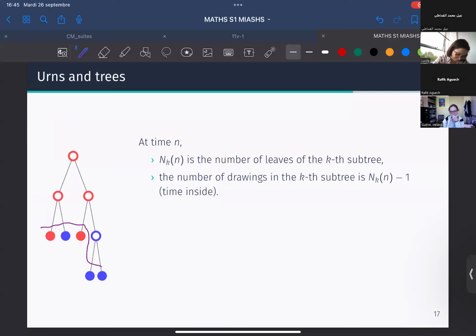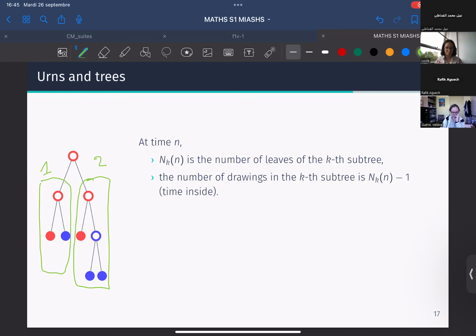So this is the composition of the urn at time n equals 5. So you have your urn, and if you say that on this side, this is the side 1, and this side is the side 2, then the balls are either of type 1 or type 2, that means they are either on the first subtree or on the second subtree.